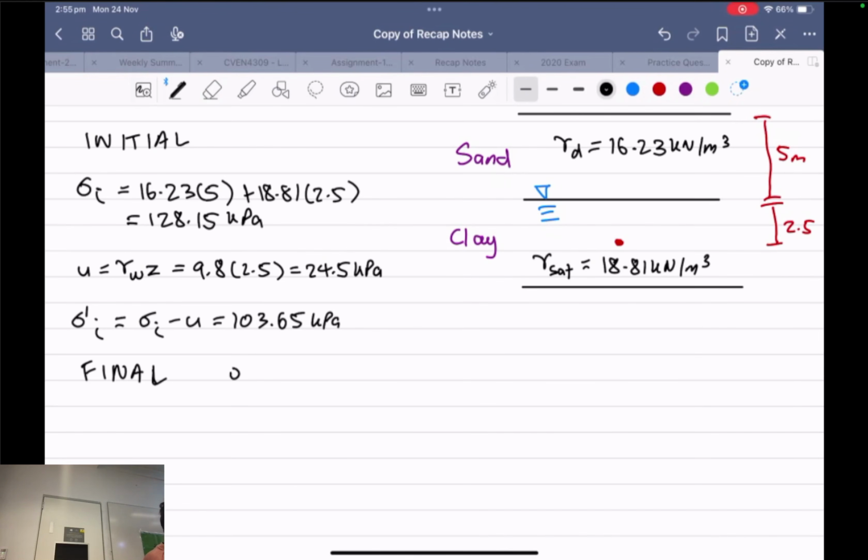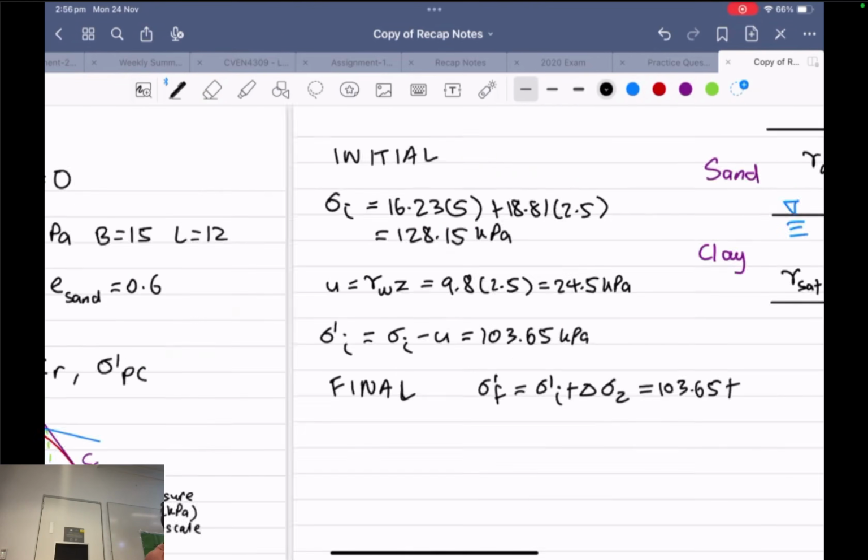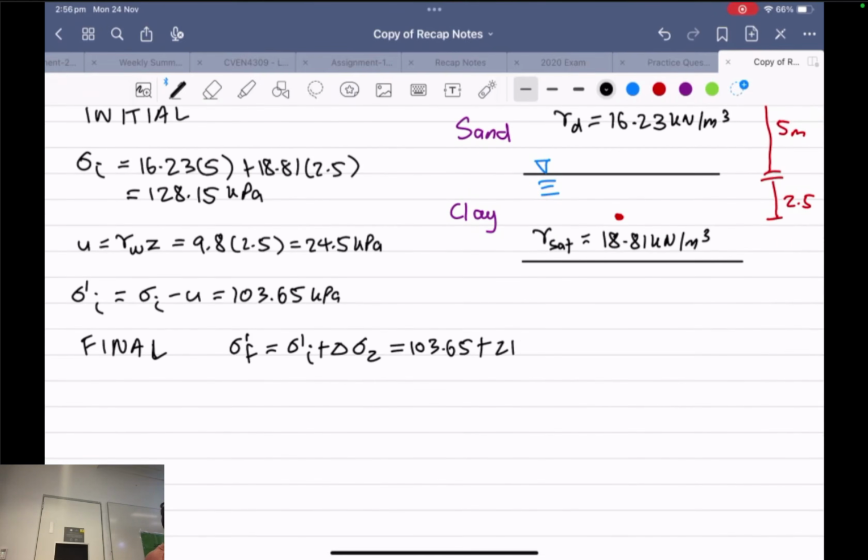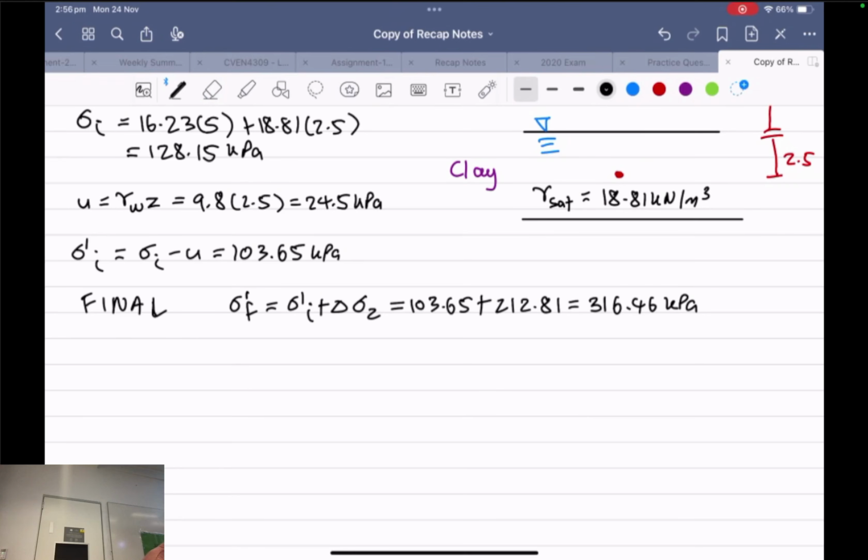So final is equal to sigma dash I plus delta sigma Z, which is 103.65 plus delta sigma Z, which was 212.81. That's 316.46. So that's your sigma dash f. So now that we have sigma dash I and sigma dash f, we pretty much have the means to calculate delta E.